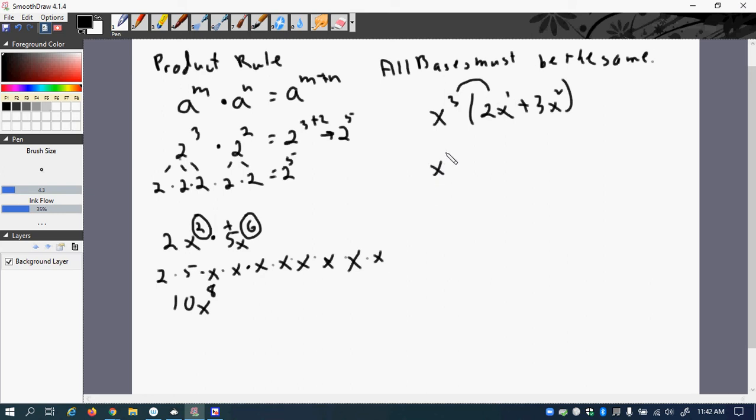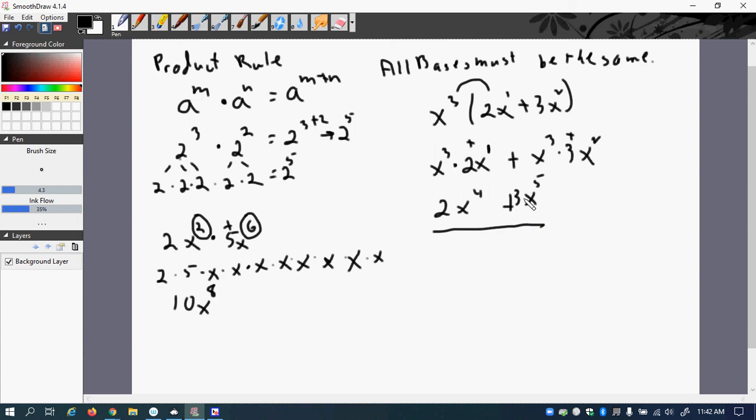So that's x to the third multiplied by 2x plus x to the third multiplied by 3x squared. So I have 1 here, so I'm adding, so that gives me 2x to the fourth. And then I add these as well, so that gives me x to the fifth, and that's 3. And this is all I can do because, again, these are not like terms. This one has 4 x's, this one has 5 x's. So that basically explains that.